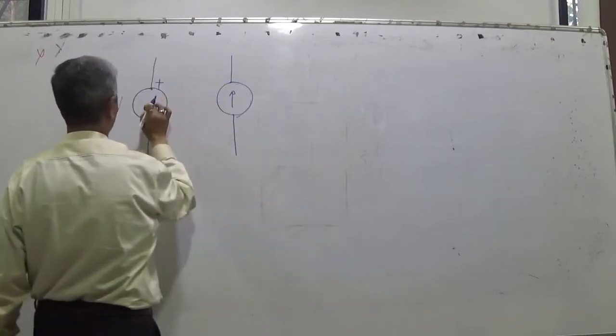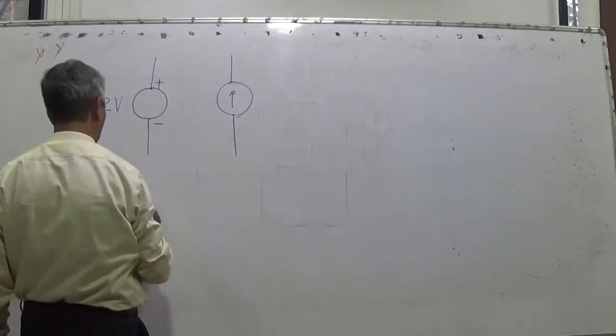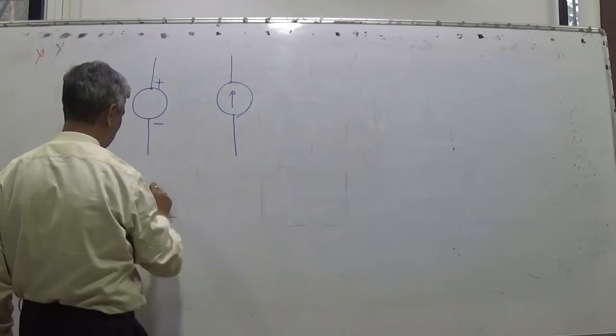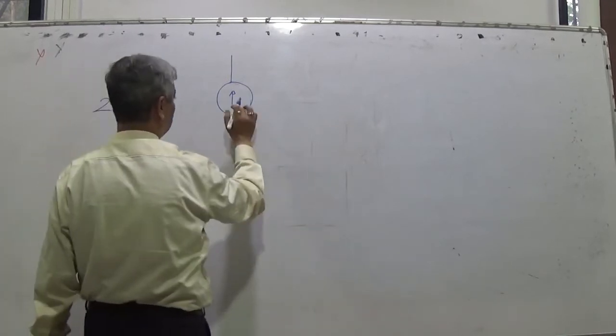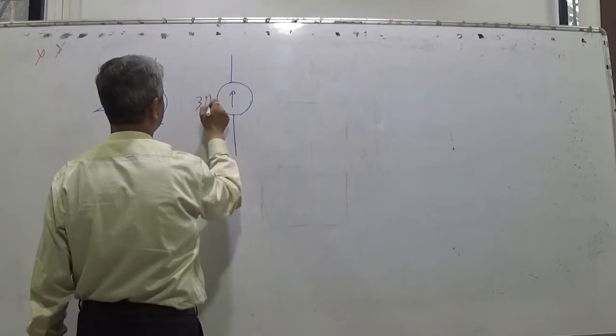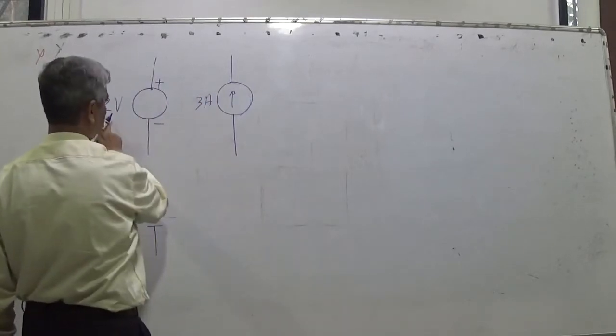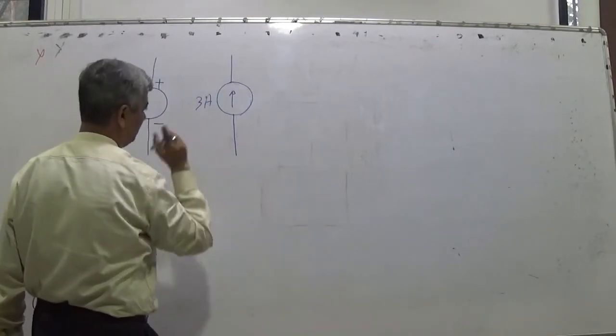Sometimes for a voltage source we do it like this or like this also; both are permitted. For the current source, the current direction is shown and 3 amperes is shown. So this is independent voltage source, independent current source.